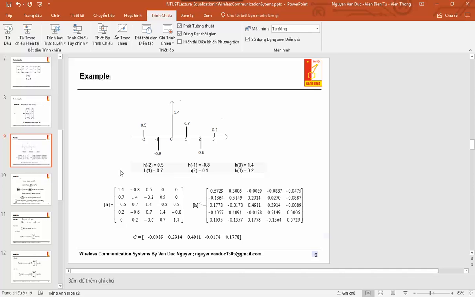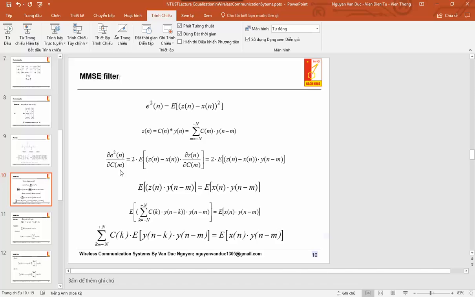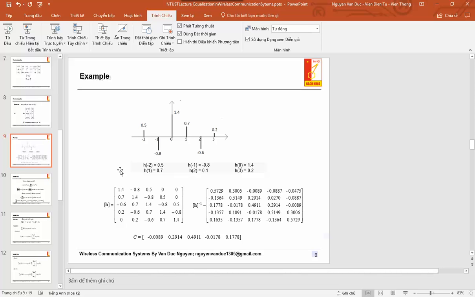And I have an example. Now, it's a long time, so I think it's handy for you to calculate. I give you some example. I'm going to explain, and you can check it when you are interested, how to calculate the filter here. Suppose that you have a channel impulse response like this.